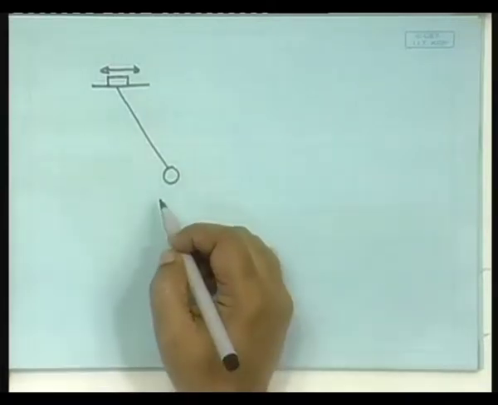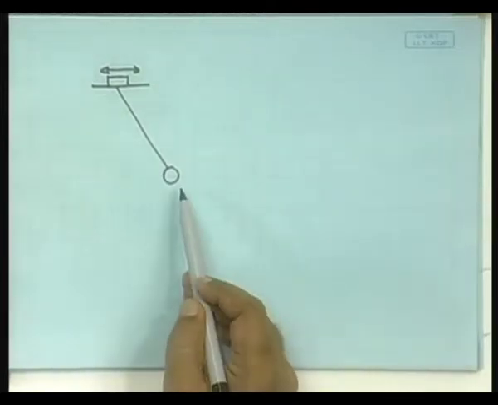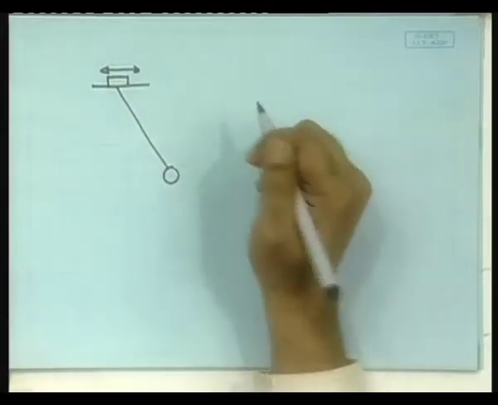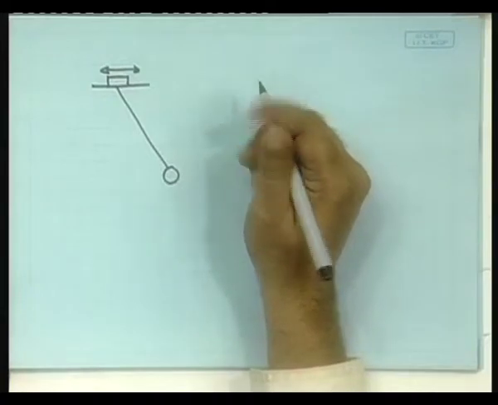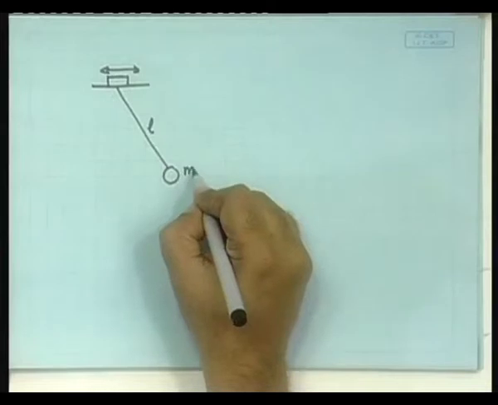If you actually simulate and see its behavior, you would find that it has a very complicated behavior, very complicated motion. So, let us try to write down the differential equation that can capture that motion. So, this length is L, here is your M.